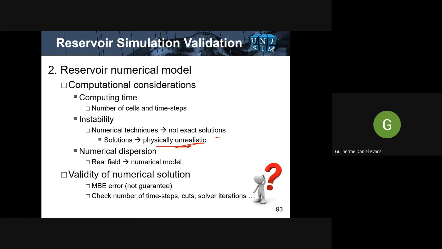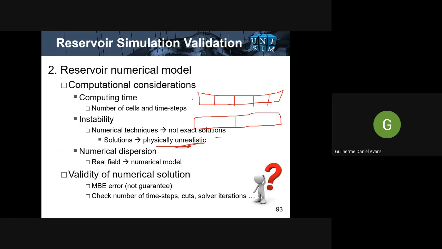Because sometimes we have flow in a porous media, and we are representing this flow in a grid cell. For example, here I have this grid cell resolution, in 1D, just to see what we are talking about regarding numerical dispersion in terms of water.